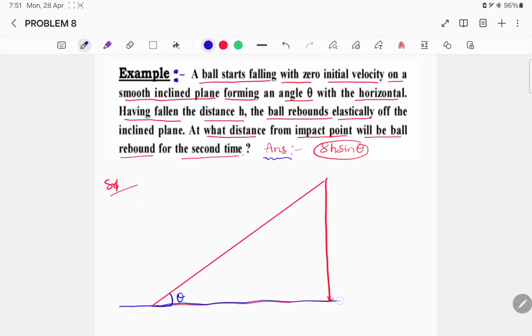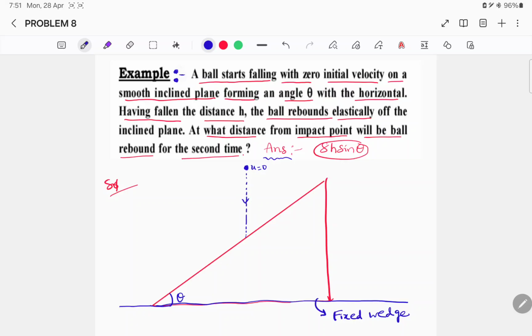As they have not mentioned whether the wedge is moving or not, by default we need to consider it as a fixed wedge, and the ball has fallen like a freely falling body with zero velocity onto the inclined plane vertically downward.